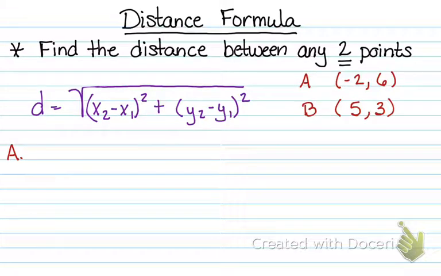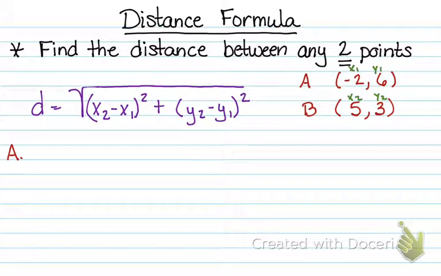So we have to have our points that we're talking about. We're going to look first at and call our first top one here x1, y1, x2, y2. Now it doesn't matter which one you call what, as long as if you call the top one x1, then its partner's y1, and vice versa. So you can't do one x1 up here and then the y1 in the B segment.